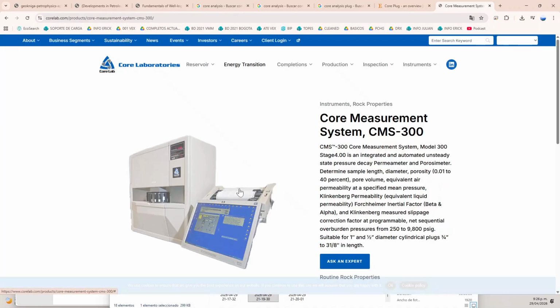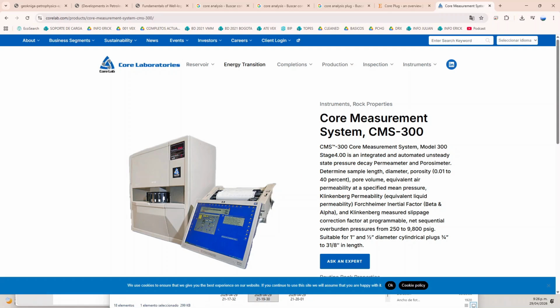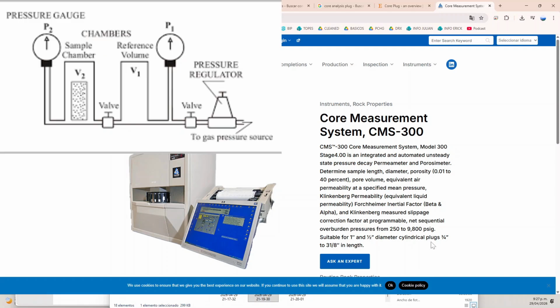For example, the CMS 300 is pretty commonly used. With the CMS 300 core measurement system, we can determine porosity up to 40%.